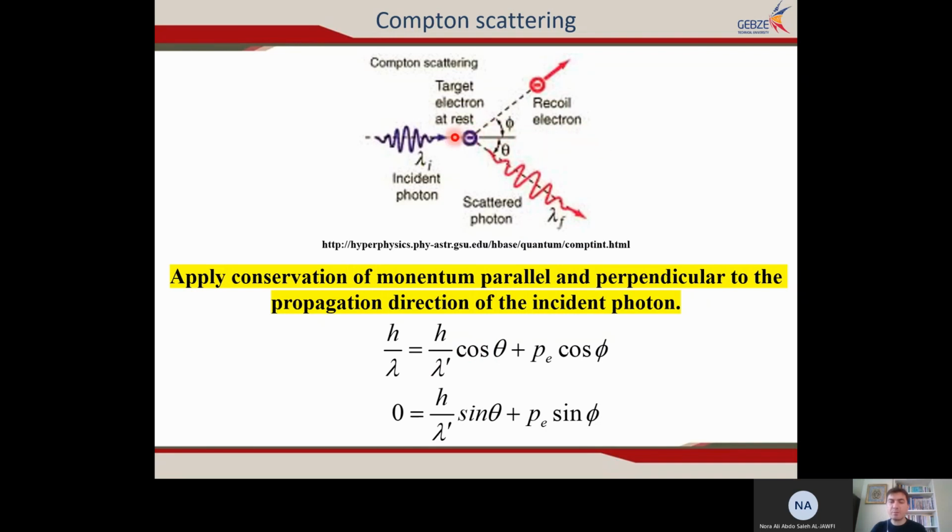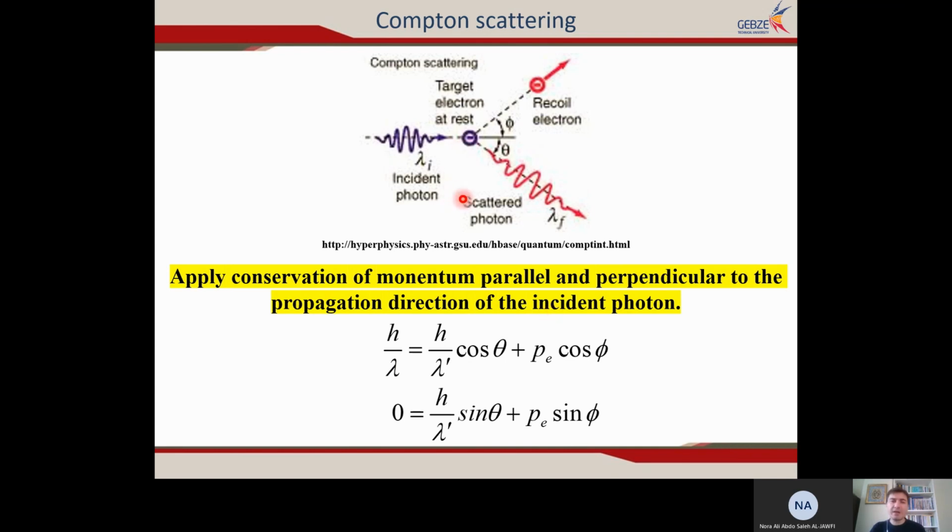We are dealing with the component of this momentum of the photon along the x-axis plus momentum of electron times cosine phi. So we are dealing with its component along the x-axis. Okay, so momentum conservation along the x-axis.